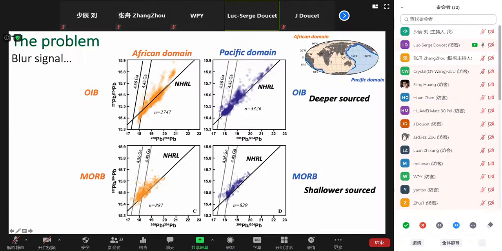And when you look at the OIBs, which are deeper sourced, so we think most of the OIBs can sample the lower mantle when the MORBs are sampling the upper mantle, we see that there are no major differences here. Because when you look at OIBs and MORBs and you think that everything is the same, then you don't know what you're looking for. And that's the main problem with the isotopes. We see the surface, but we don't know what's going on down below in the mantle.